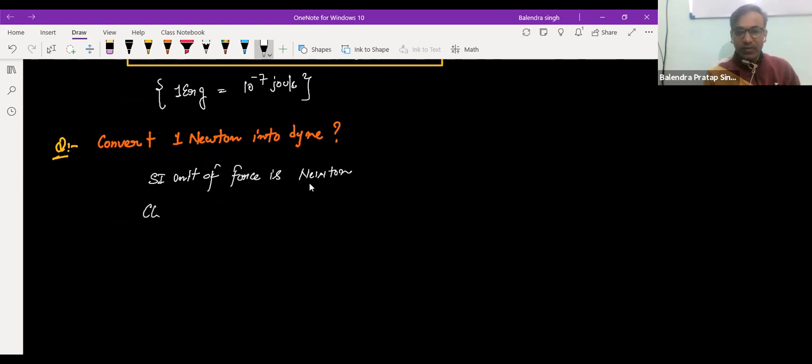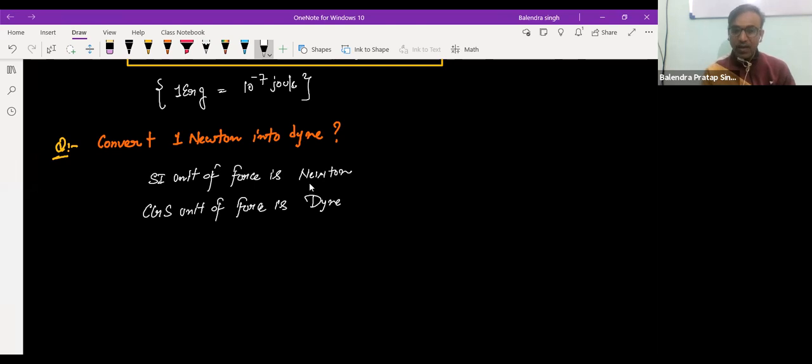The CGS unit of force is dyne. You can also use small letter dyne or Newton. So these are the units of force. The SI unit of force is Newton and the CGS unit of force is dyne. Now you have to take a conversion from this SI unit to CGS unit, from Newton to dyne.